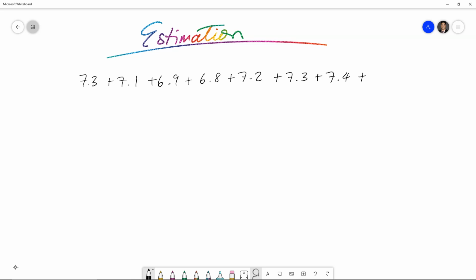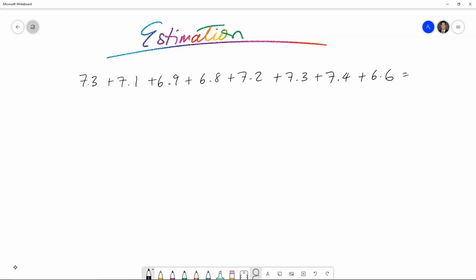If I ask you to evaluate, or find out the total of this, you would give me the exact value. We've done it, put it all in your columns. But we're not going to do that in this case. We're going to round it off.